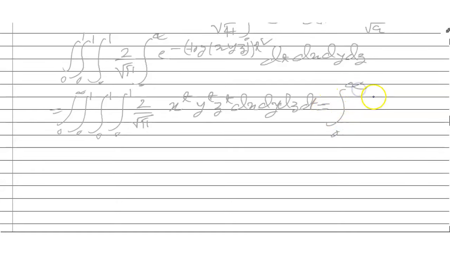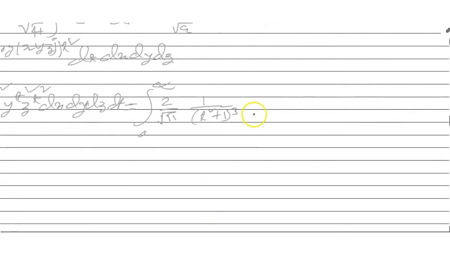0 to infinity and 2 by root pi, 1 by t square plus 1 whole cube into dt.